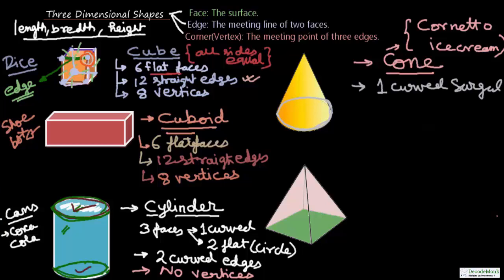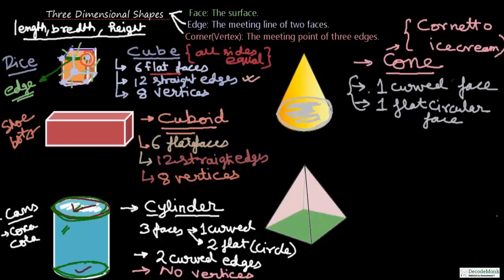So it has got one curved face, and at the bottom you can see it's a circular face. So one flat circular face, so we can say that it has got two faces. One is curved and one is flat. The next thing that we can say about a cone is that it has got one curved edge, the meeting point of the curved face and the flat circular base.